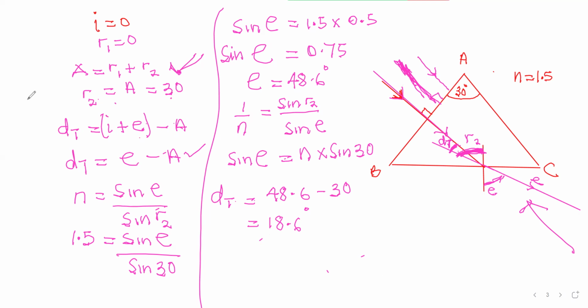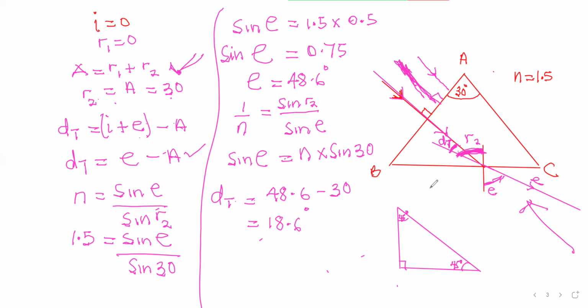The diagram describing the question is this. We have a right-angled triangular prism. The angle to this is 90. The refraction angle, this is 45. This is also 45.